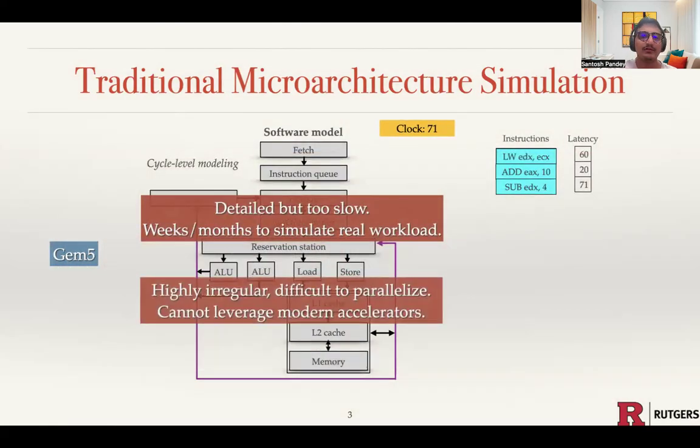This kind of simulation is detailed, but it's very slow. It may take weeks or months to simulate real workloads, which is a big problem. They are slow due to a highly irregular and difficult to parallelize workflow, which cannot leverage modern accelerators.